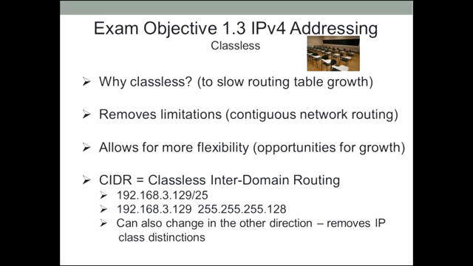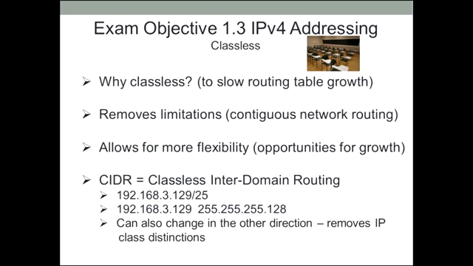When we're talking about classless addressing, we are talking about CIDR, which is classless interdomain routing. So let's say you had a network, the 192.168.0 network. That allowed you to have 255 hosts.